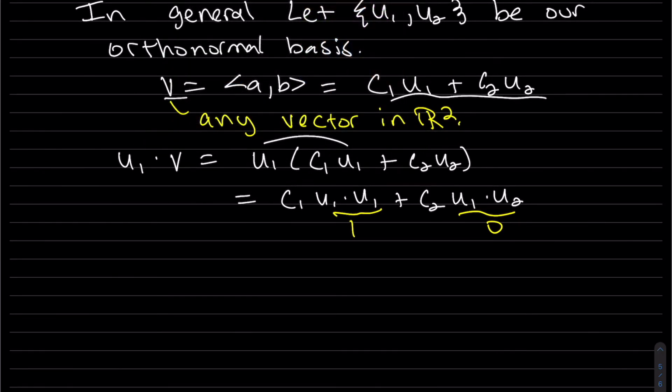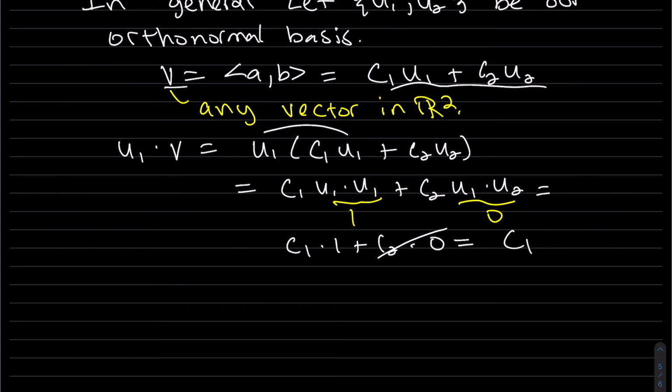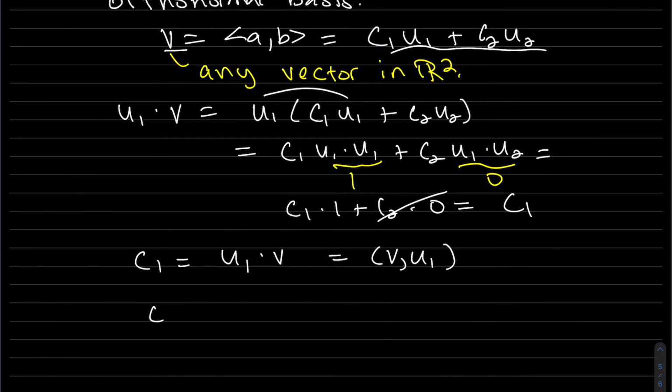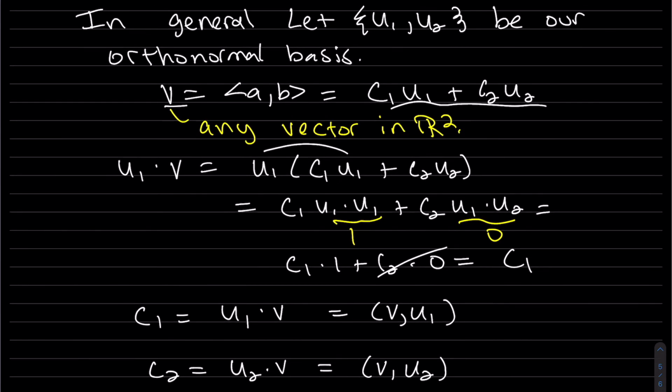So what do we get? We get C1 times 1 plus C2 times 0. This is 0, we get C1. So C1 equals the dot product V dot U1. The order doesn't matter there. We do the same thing, and we get C2 equals U2 dot V, which is V dot U2.